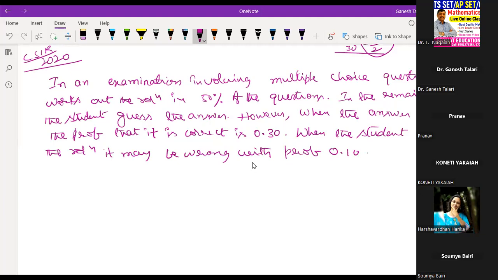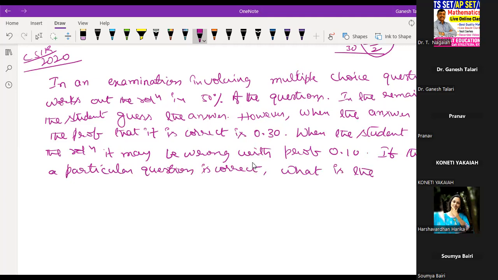If the answer to a particular question is correct, what is the probability that the student guessed the answer?